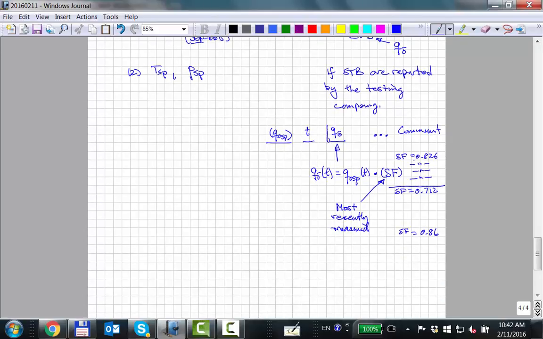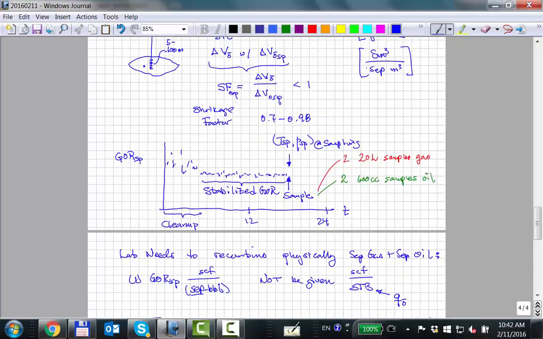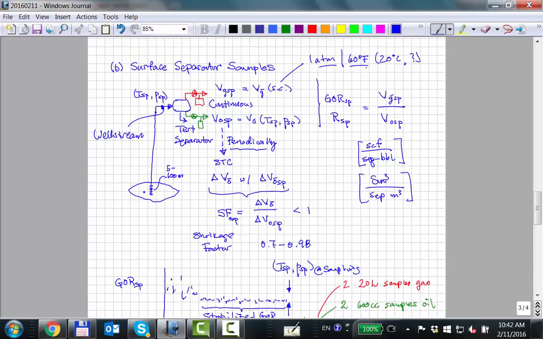Not all testing companies give you converted stock tank barrels, but they usually do. Some will actually give you the separator barrels, but you have to ask. It's not standard. Okay? All right, so that's the separator test. I don't think there's too much else I want to cover in detail.